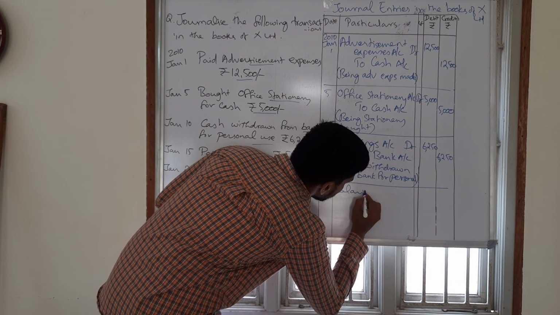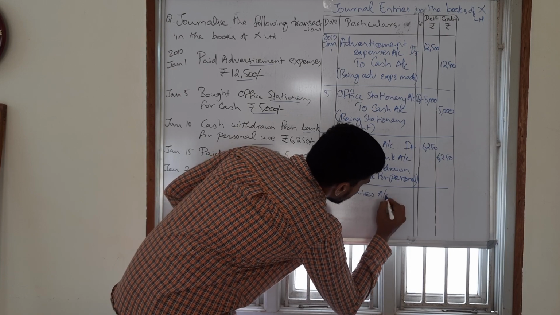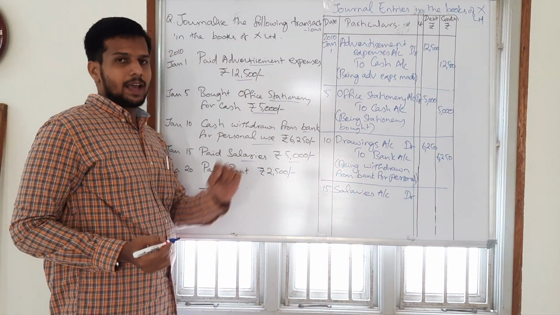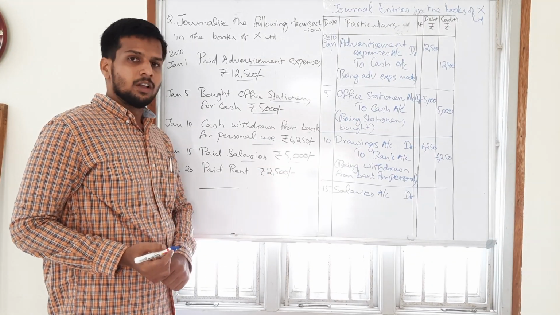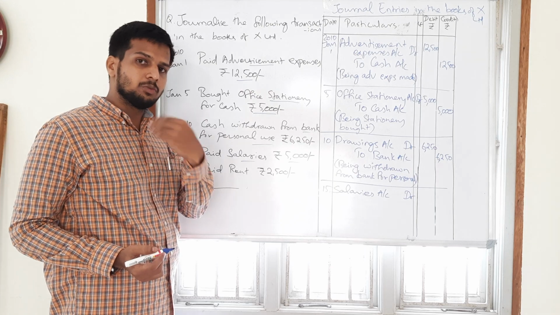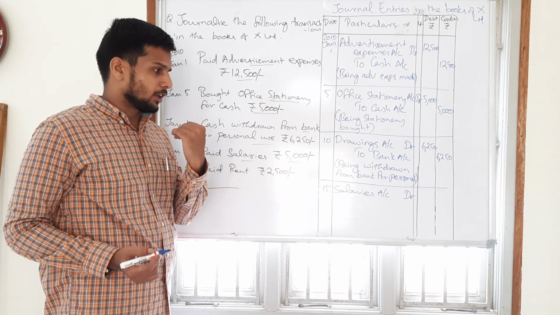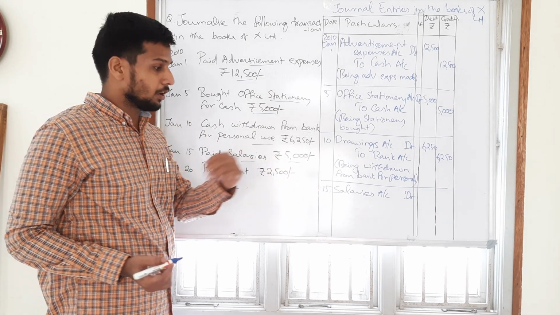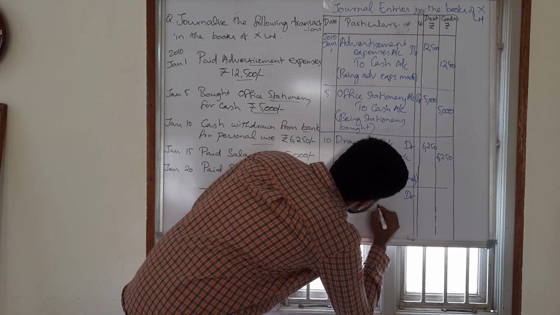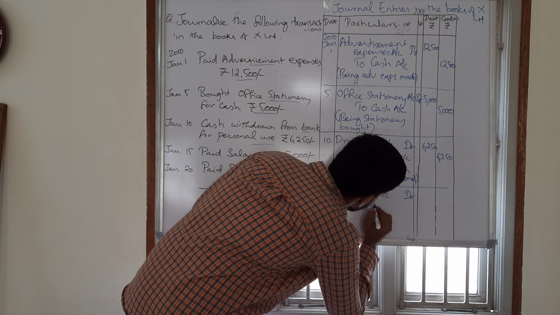Salaries account debit to cash. It refers to the cash. Cash account comes under real: debit what comes in, credit what goes out of the business. So cash goes out of the business in the way of salary, so cash account should be credited.